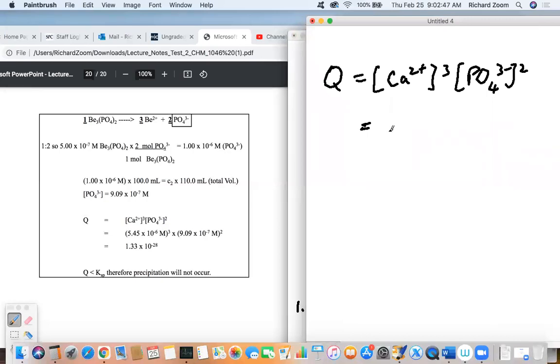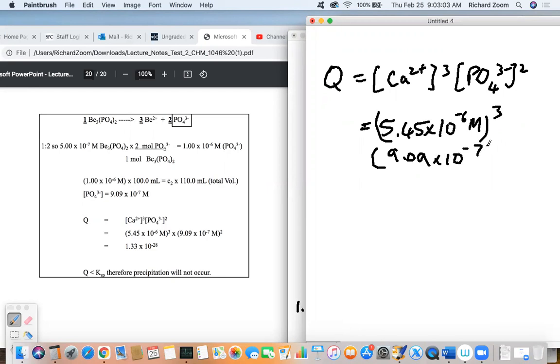So that would be 5.45 times 10 to the negative 6, and that's cubed, times the 9.09 times 10 to the negative 7, and that's squared. And this comes out to be 1.33 times 10 to the negative 28. And that's how you calculate the Q.